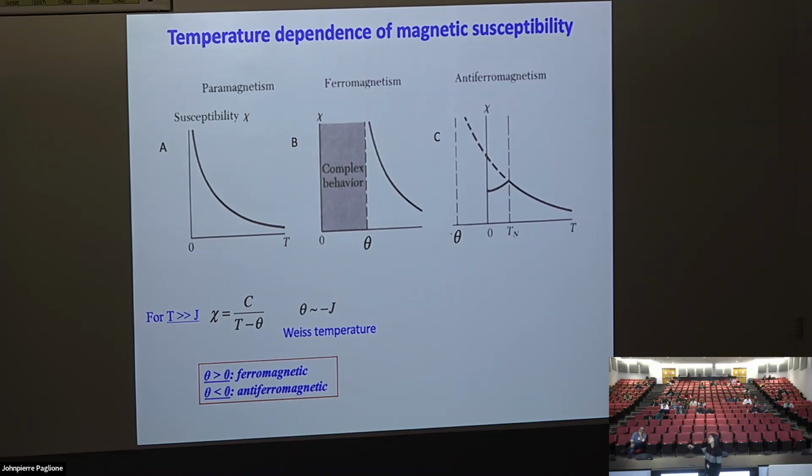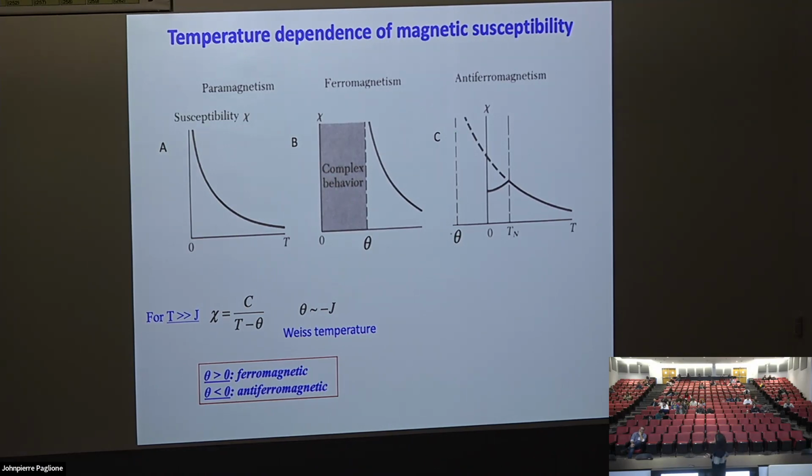For ferromagnets, there is a Curie temperature, and the magnetic susceptibility diverges at this temperature. For an antiferromagnet, there's a kink or peak at the Néel temperature. But if you extrapolate the high temperature behavior, it should diverge at some value which is negative.